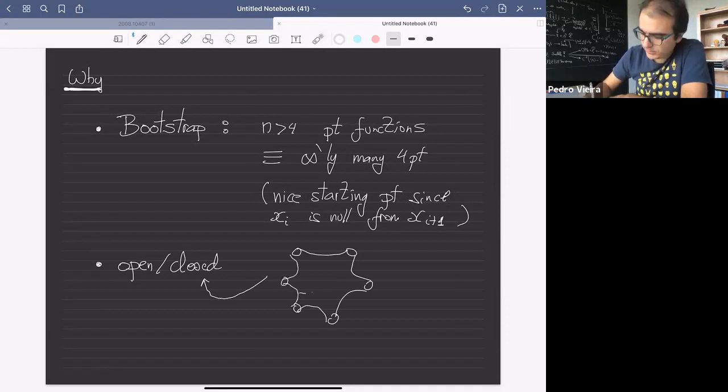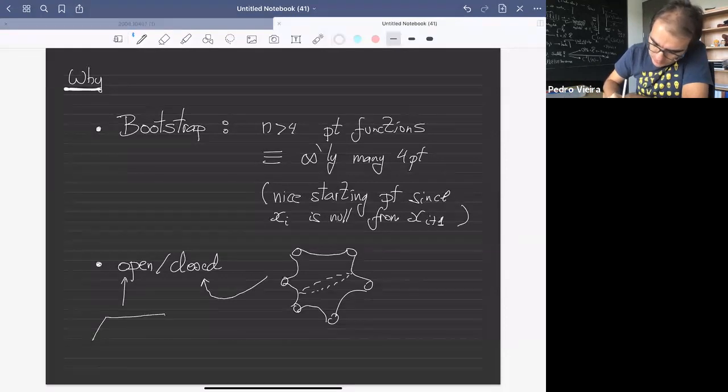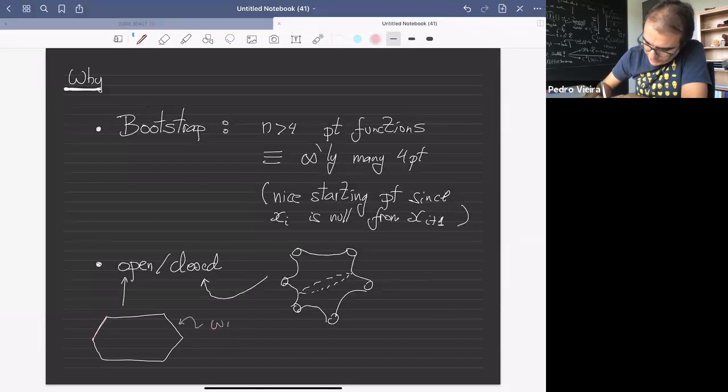Right, so we start with some closed strings. And then at the end, we will get this polygon. And as I will describe, this will be related to a Wilson loop. There will be a relation between correlation functions and Wilson loops. And a Wilson loop is described by an open string that stretches from one point to the other.